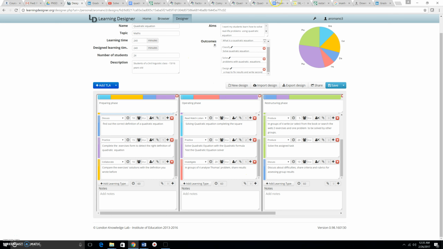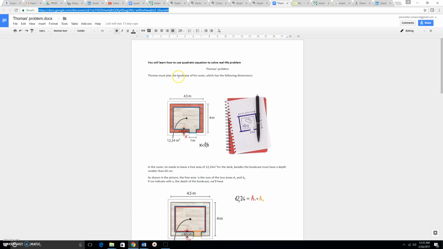It's Thomas' problem. Thomas is a student who must plan the bookcase of his room, and the dimensions of the room are given, and we also know that he needed a free space in the room, and that the bookcase must be not bigger than 60 centimeters.